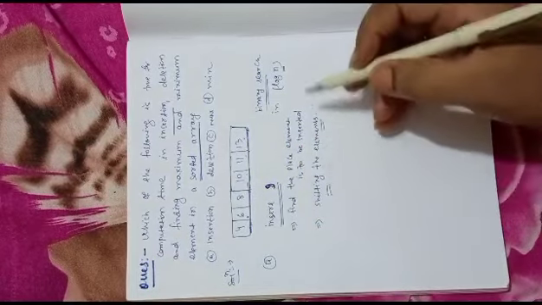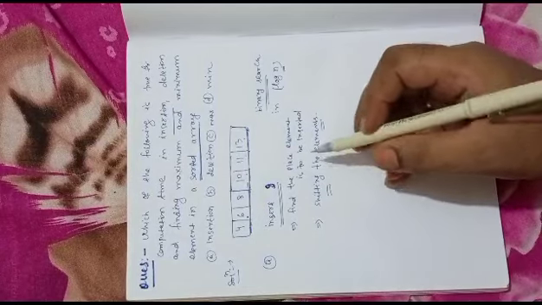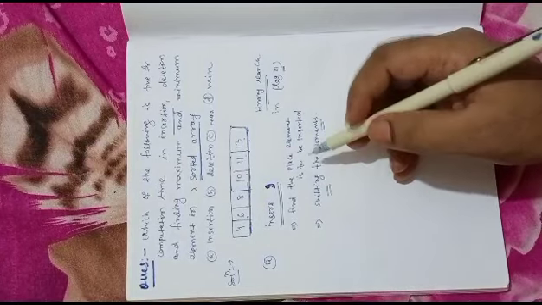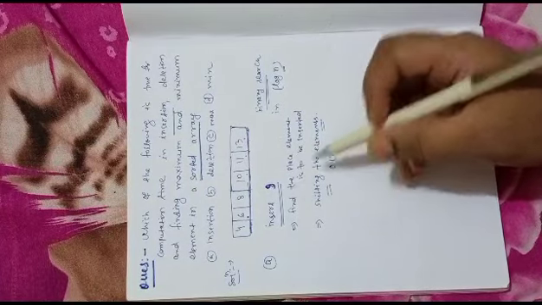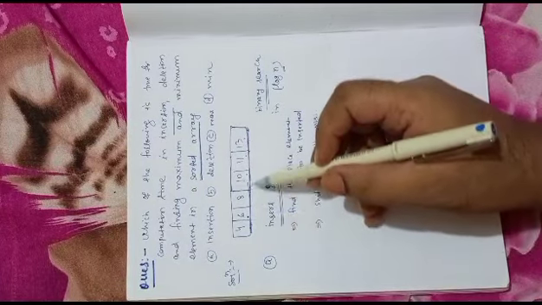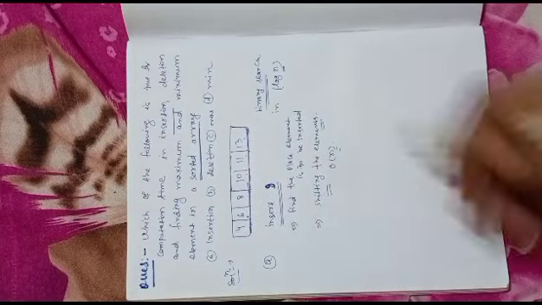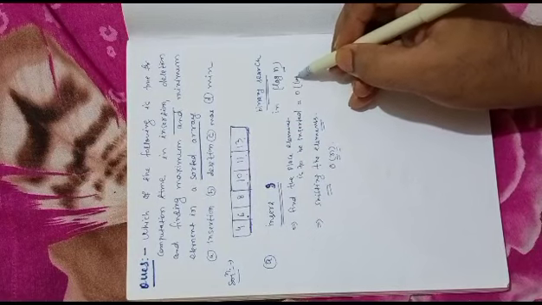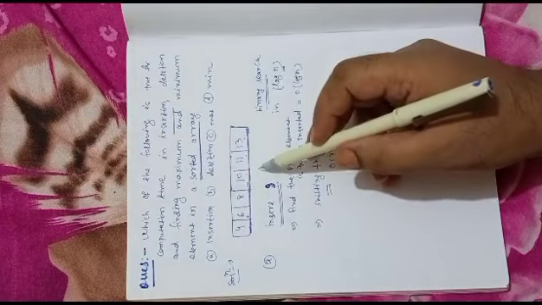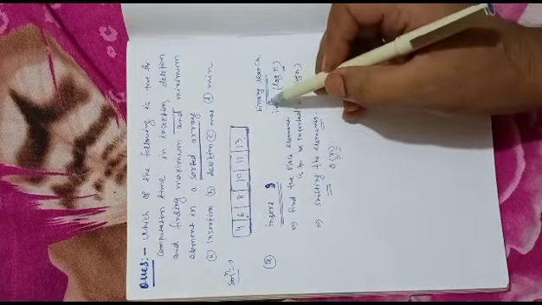So the worst case time complexity for shifting will be O(n), because in the worst case we have to shift all n elements. And it takes O(log n) to search the place where the element will be inserted, if we use binary search.